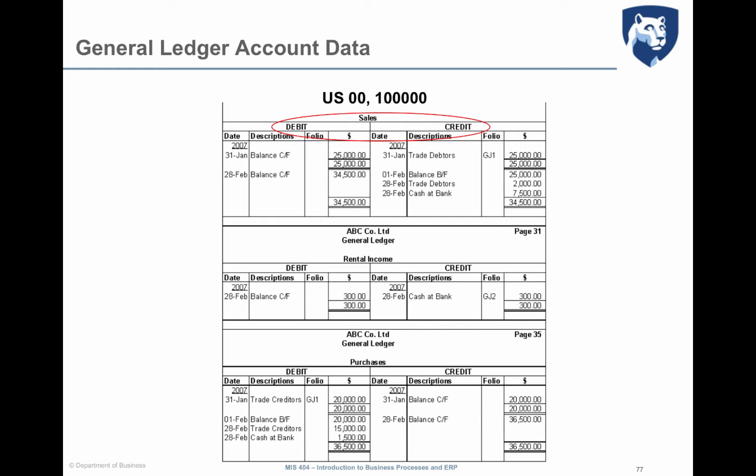In particular, we want to display the sales, the rental income, and the purchases. And each one of these accounts will have an account number associated. So, by doing that, all the financial events related to this operational account will be displayed.